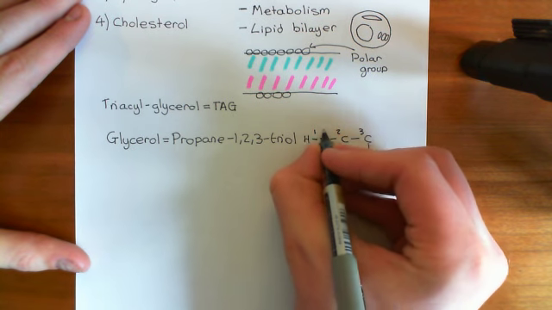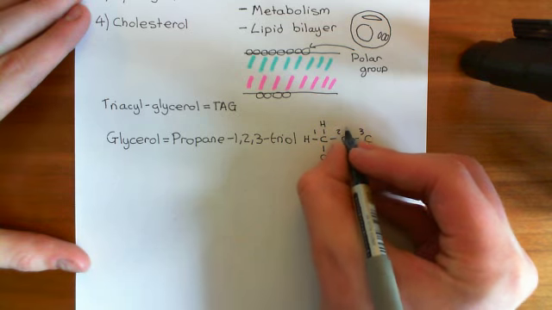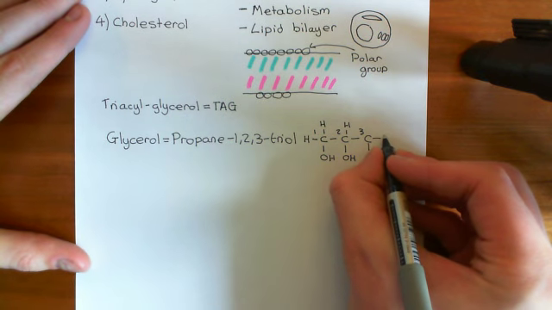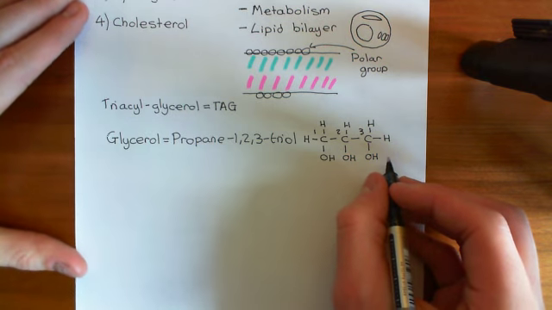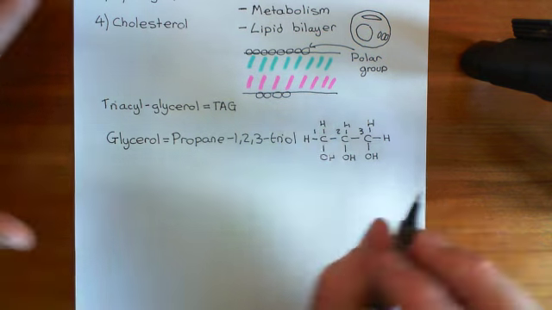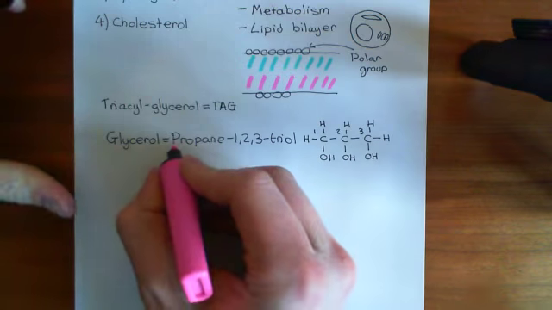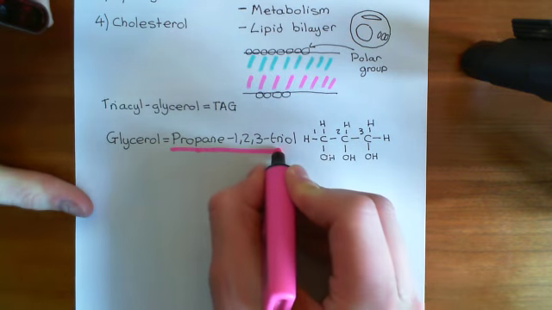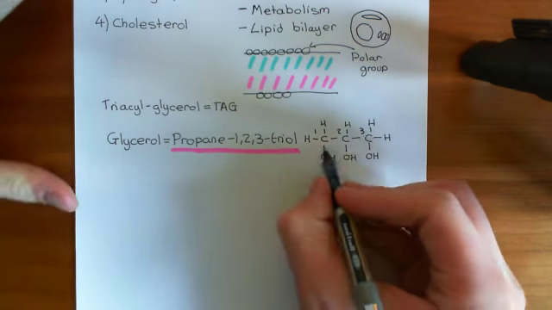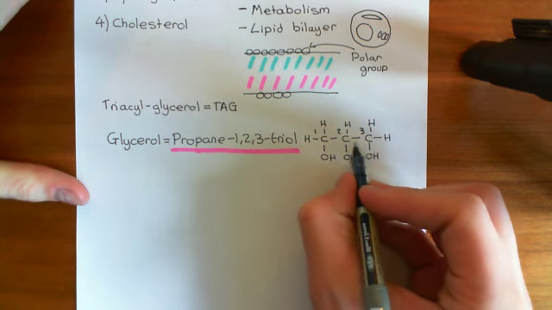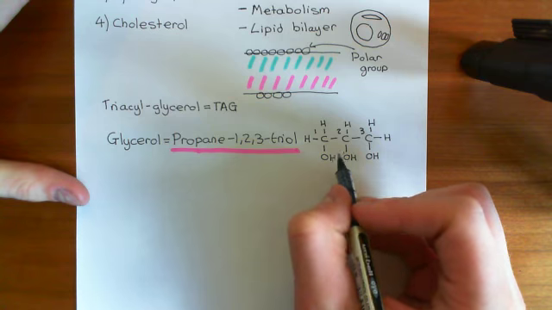To saturate these carbons, just stick a hydrogen off wherever you have a free bond. So here is our propane-1,2,3-triol molecule. What's important about it is that you have these three alcohol groups, one coming off each of the three carbons.